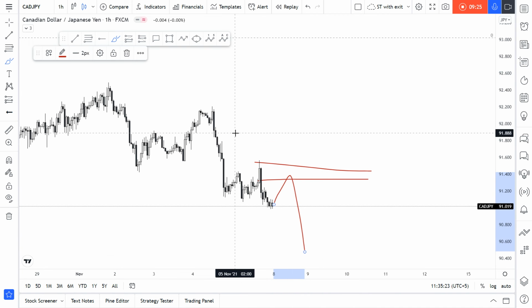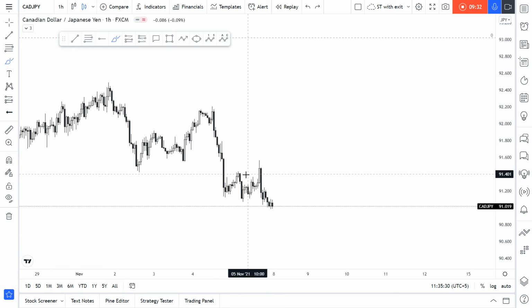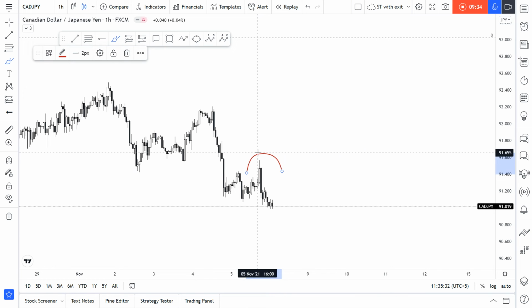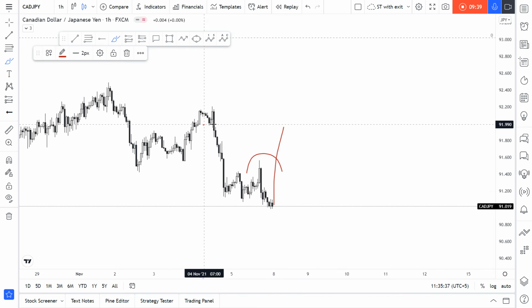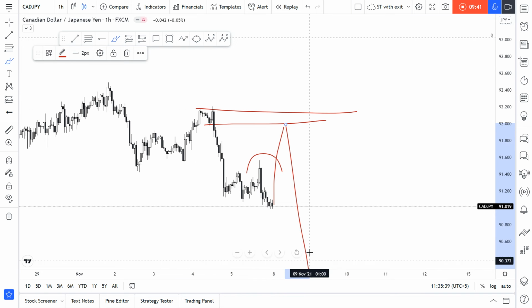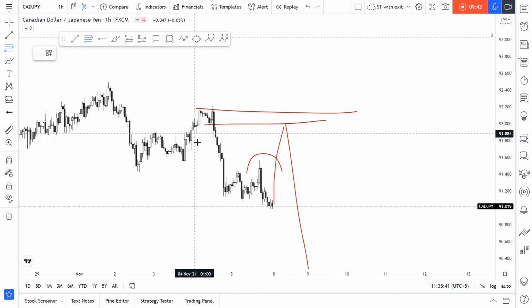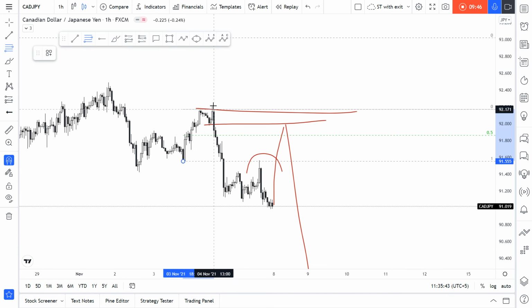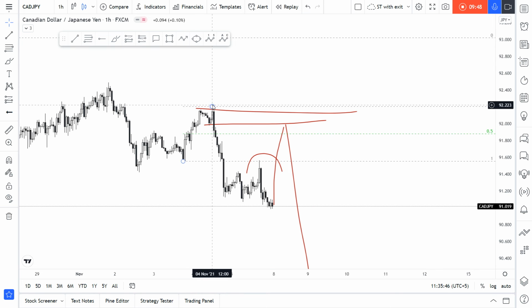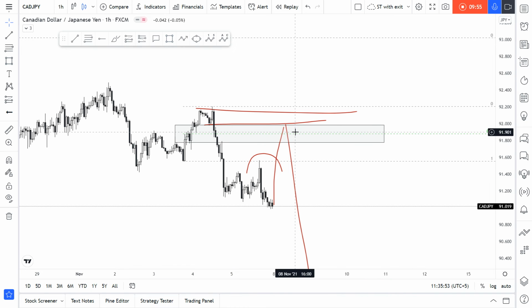We should watch smaller time frames, 3 minutes, 5 minutes, etc. Or it can work as a liquidity here, and the price is gonna come up, touch this order block, and then go down, or at least it will touch 50% of this last move up somewhere here, and then it's gonna go down.